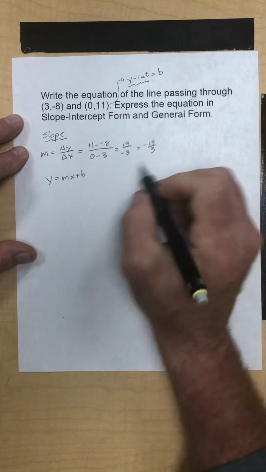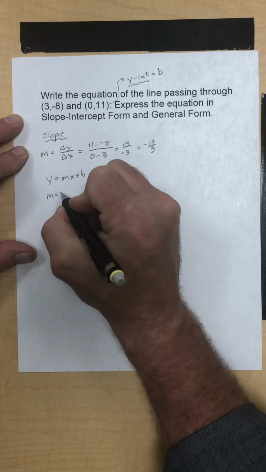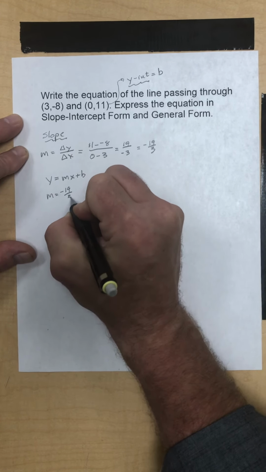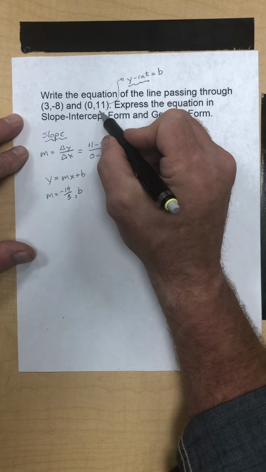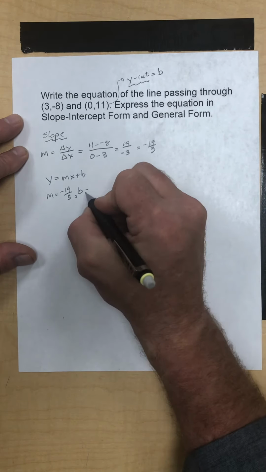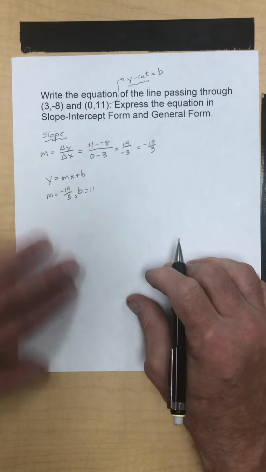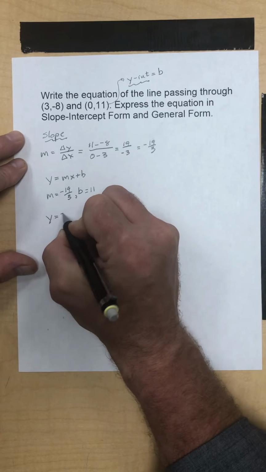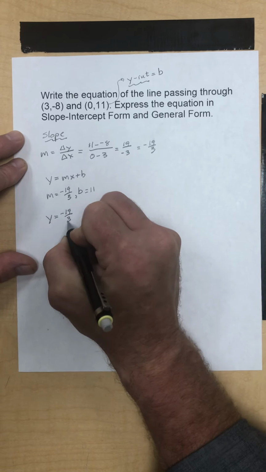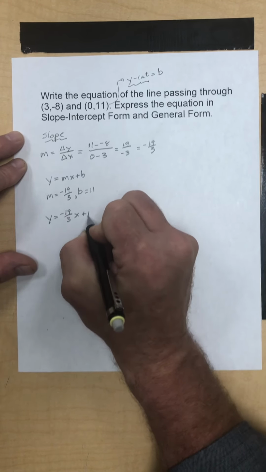I already know my slope is a negative 19/3, and my b, well, that's my y-intercept, so my b is 11. So all I have to do is just punch it in there. And so we get y equals negative 19/3 x plus 11.